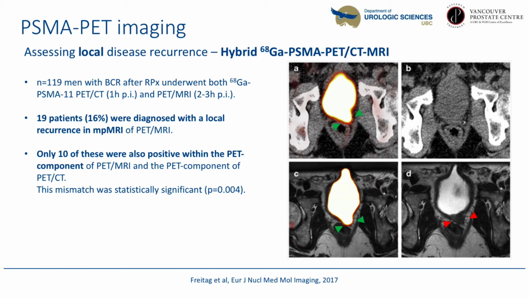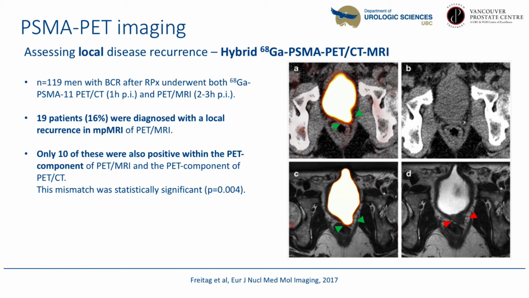So here you're saying it's about 10 in 19. That seems pretty high, with radiographically imageable disease. This data would suggest that close to 50% are false negative. Well, it really depends on where the local recurrence is. Yes, gallium PSMA does have a problem with detecting things close to the bladder because there is a high activity in the urinary tract.